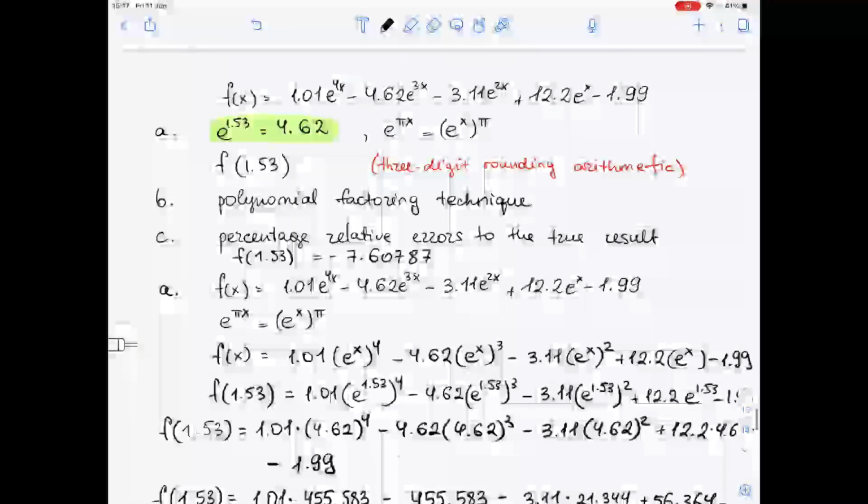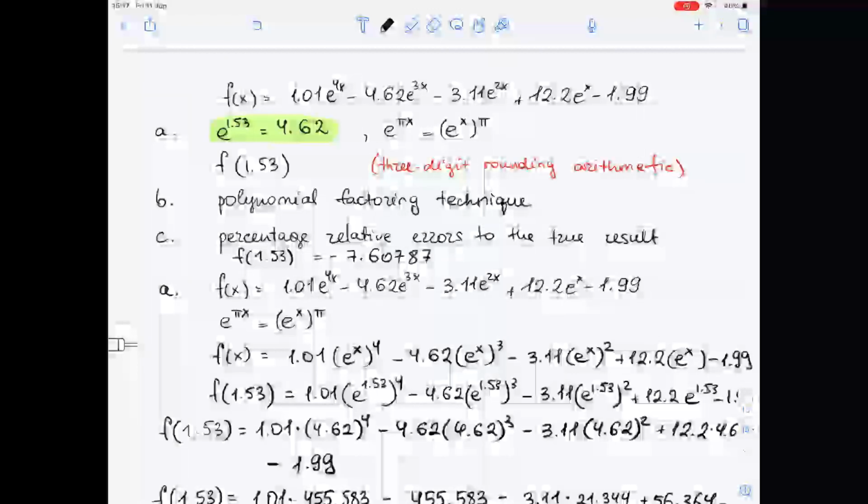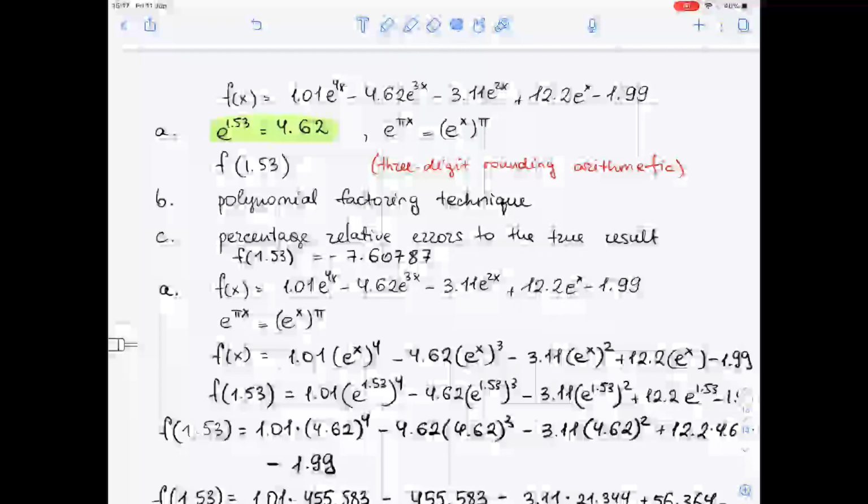So for part B, we need to calculate the same thing. So we need to calculate f of 1.53, but we need to use the polynomial factoring technique. So again, let's copy paste our f of x.